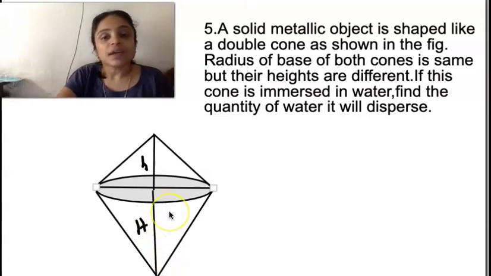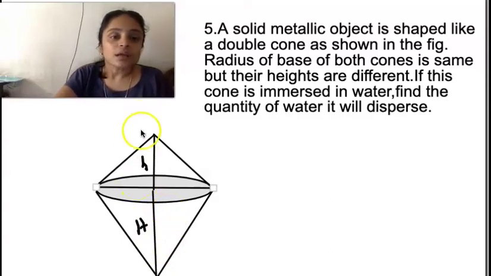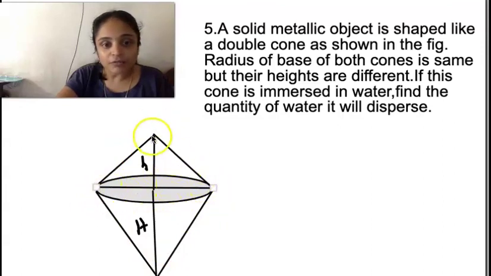That is, we have to find the volume of both the cones and then add it. Understood? This shape is immersed in water, and to find the quantity of water it will displace, we have to find the volume of this shape altogether, and for that we have to find the volume of the smaller cone and the volume of the bigger cone, and then add it.